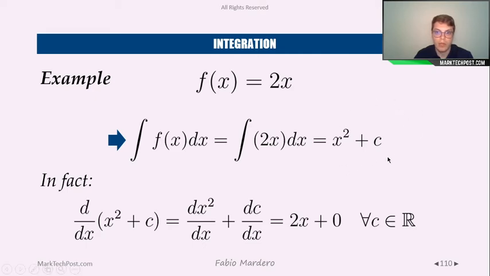That's why we have this plus c down here, and that's why we get an infinite number of antiderivatives. The core is always the same, but we have a plus c, a plus constant.